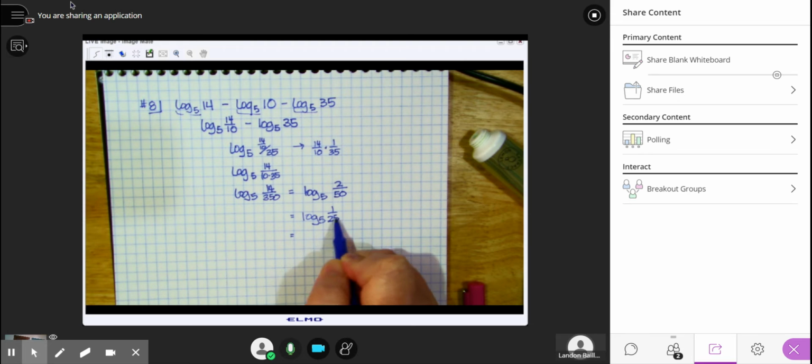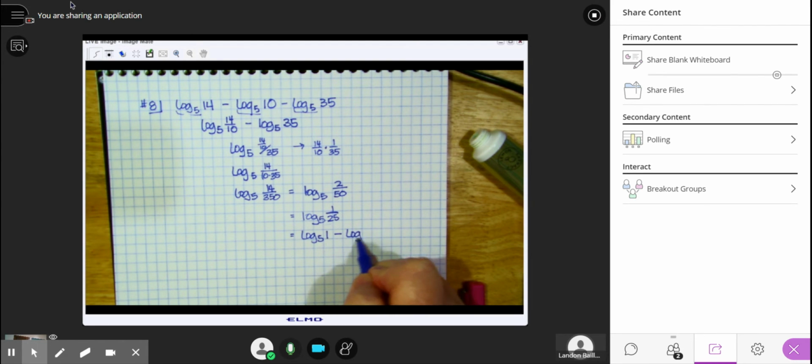Right, so let's work on this for just another second. No, I wasn't seeing the 1 over 25, so that had me at a stalemate. So if we do what you did before, this would be log base 5 of 1 minus log base 5 of 25. You okay with that?